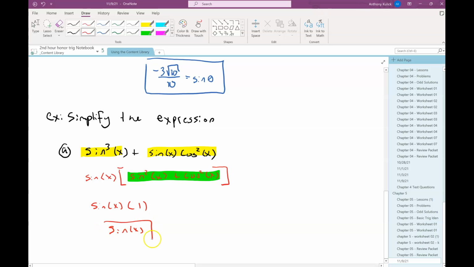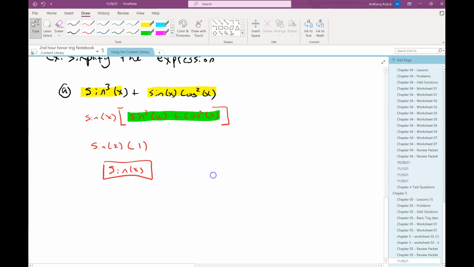And sine times 1 is just sine. And I'm done, since you can't get any simpler than a single trig function, right? Well, I mean, I guess if it was a constant or something, but let's look at another example.